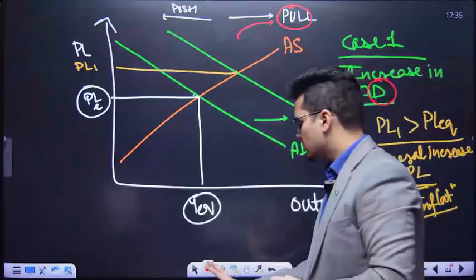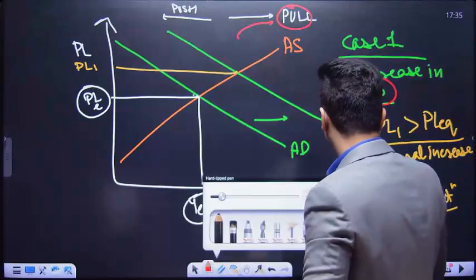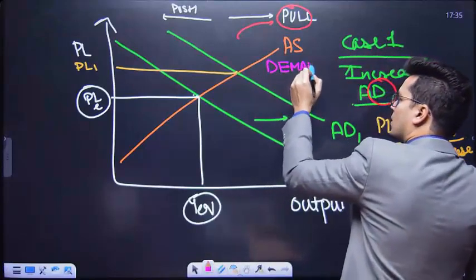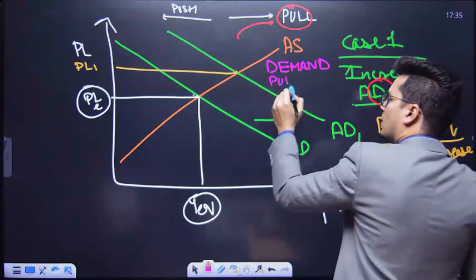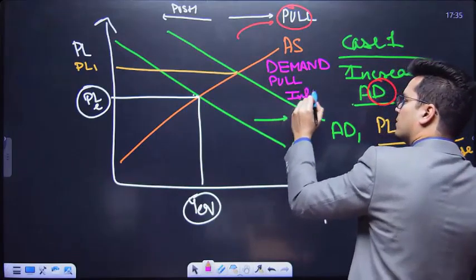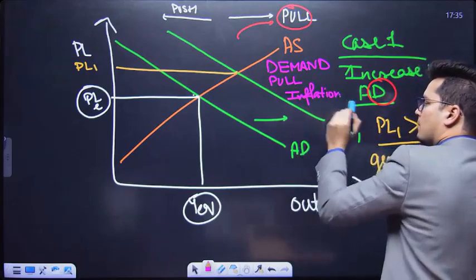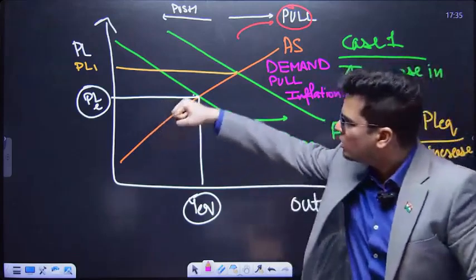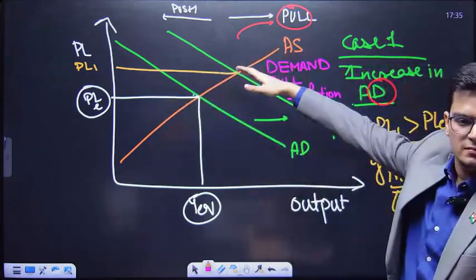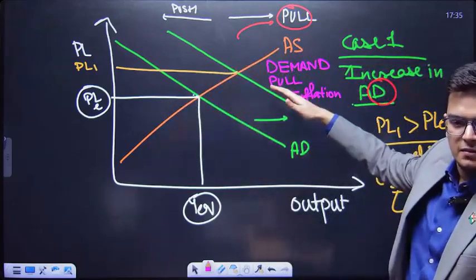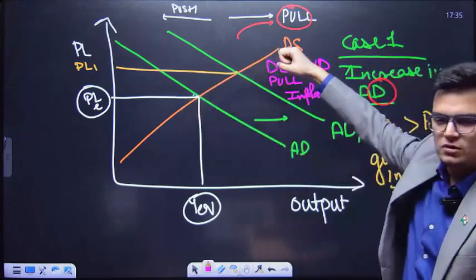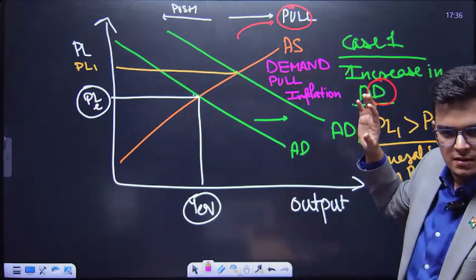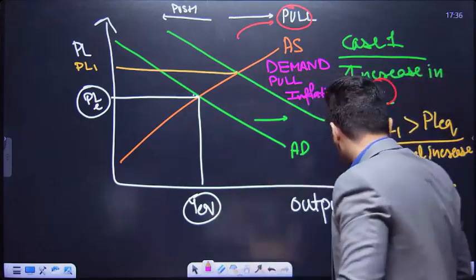This is called demand pull inflation. Because there was a higher demand, the demand has pulled the price up to this level. Increase in aggregate demand has pulled the price up to this level. Demand pull inflation. ठीक है? Let's look at the second case.